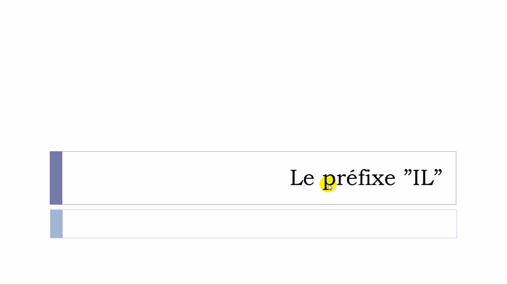Le préfixe il, so il. When we're talking about a prefix, normally we're talking about letters, a group of letters that you will put in front of existing words, and by adding these letters or group of letters, you will change the meaning or the original meaning of the word. Okay, and that will be the case with this prefix il.